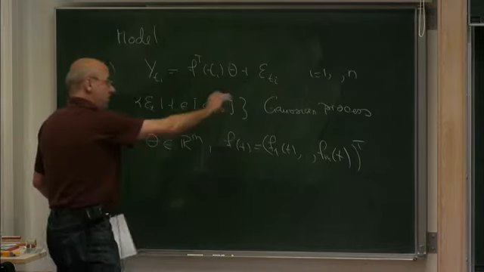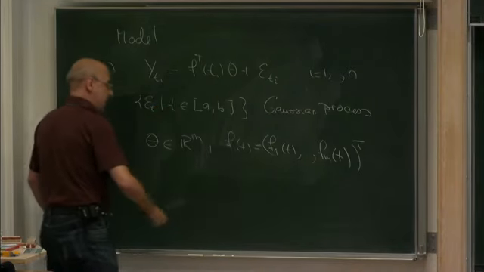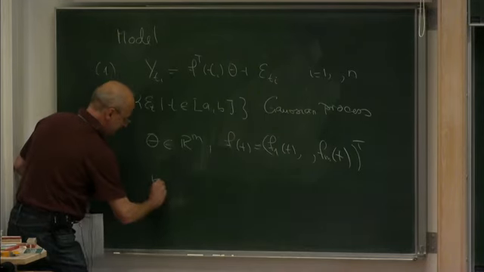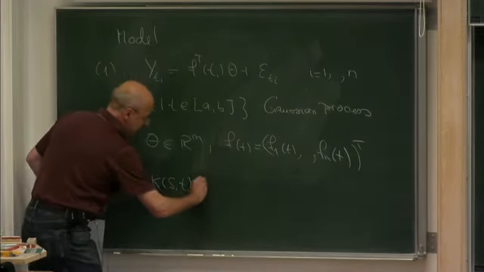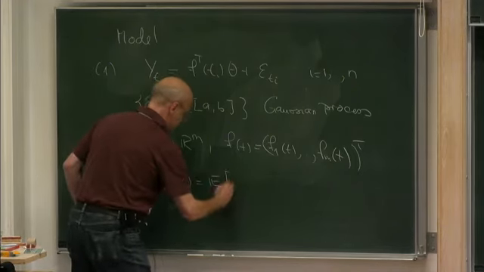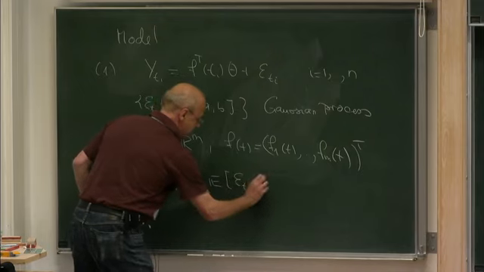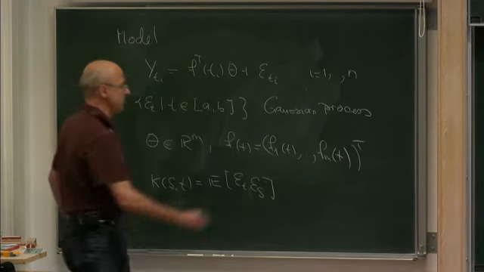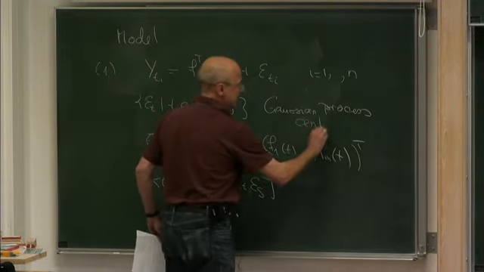Okay, so the important point now is that you have correlation between these things. We have some kind of correlation, which is the expectation. Everything is centered here, of the two noise points. So epsilon t is a centered Gaussian process, so I should put "centered" here.